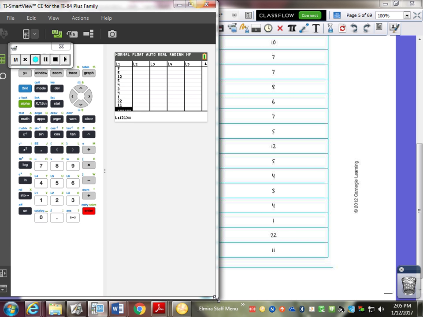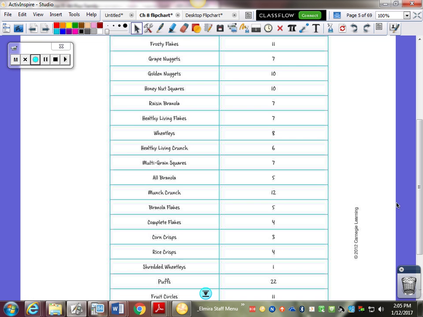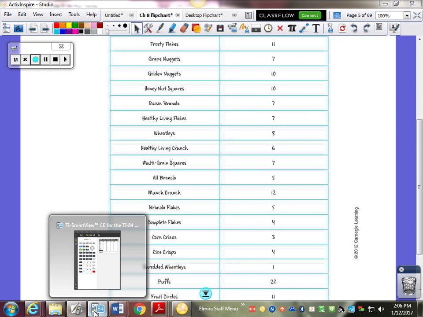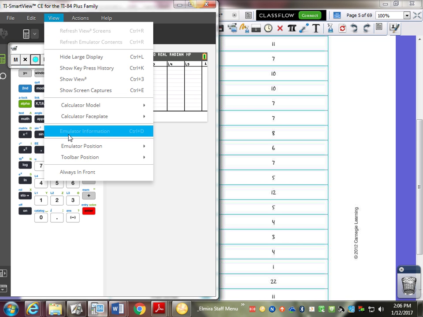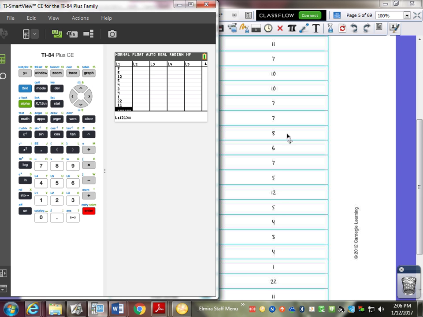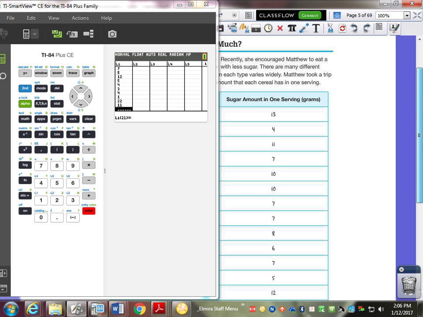Now, one thing I will stress over and over again, guys, is double check that you entered in data correctly, because in this particular unit, this particular chapter, the calculator does a lot of the work for you. There's not a lot of work to show.